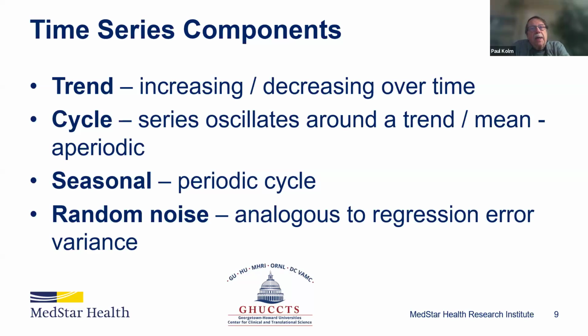And then just as we have error variance in regular regression, we have random noise in time series. So those are the things that we'll look at in any particular time series to define the time series.